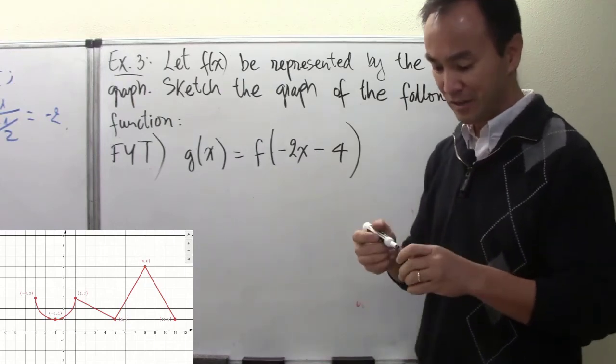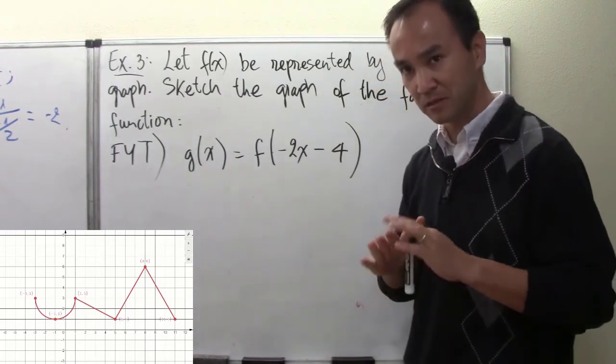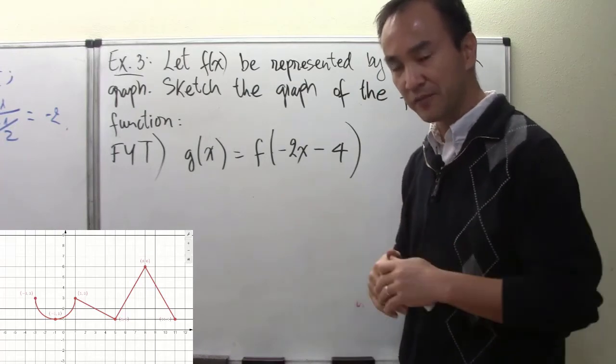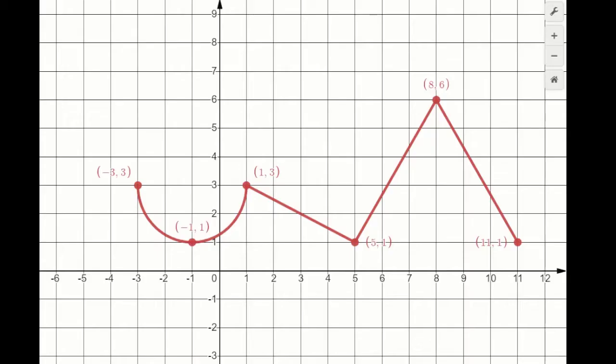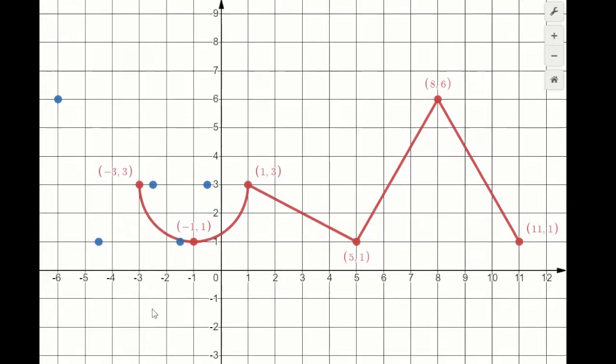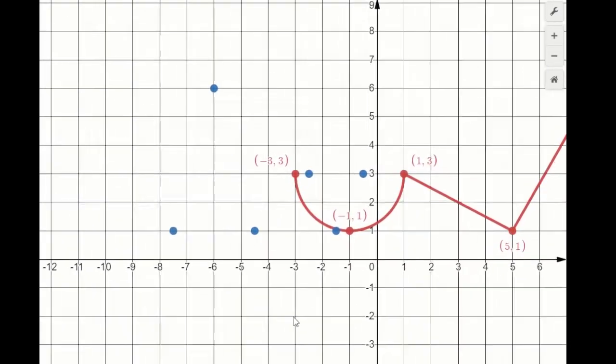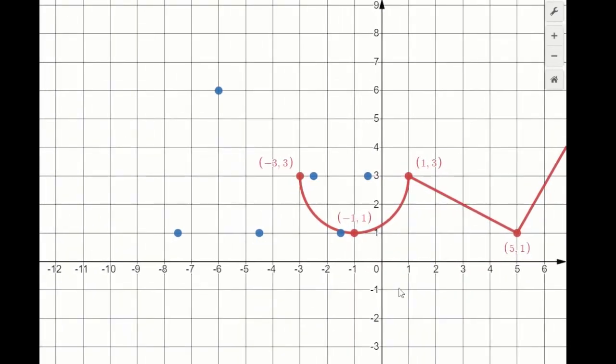All right, so now assuming you have already spent some time pausing the video to get yourself worked on. So here's the graph. So in complete full screen view, again, this is the graph of our parent function f of x. Now these are the guiding points for our graph in g of x.